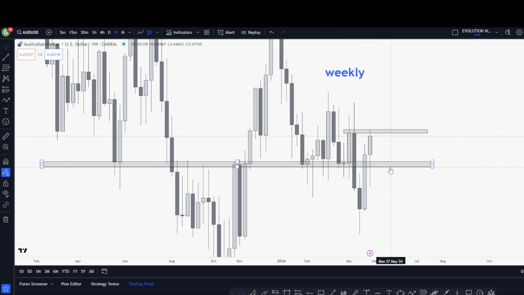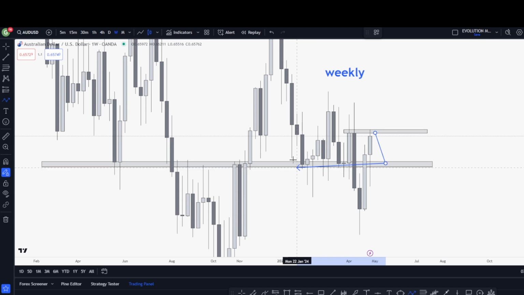However, as it stands now, analyzing price in the present moment, what we see is that it's testing this resistance area, and we can anticipate a rejection of price at this area, and we could see further drops to this area.